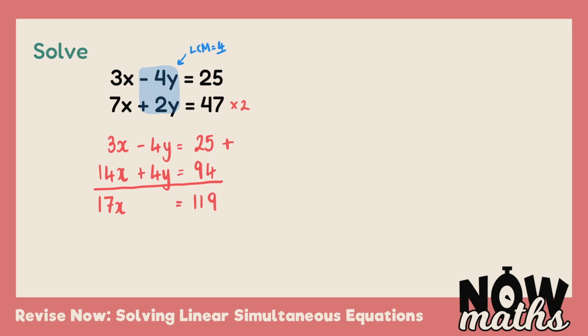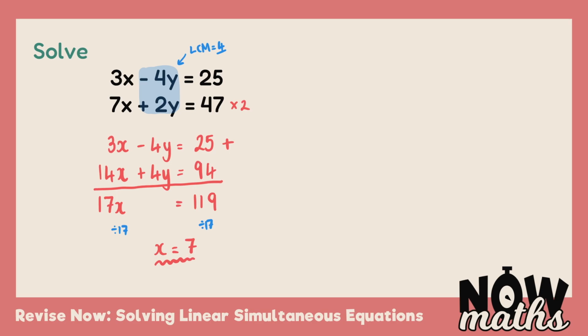We're then left with a linear equation of 17x equals 119. So to solve for x, we divide by 17, which gives us x on the left, and 119 divided by 17 is 7. So we have an x solution of 7.